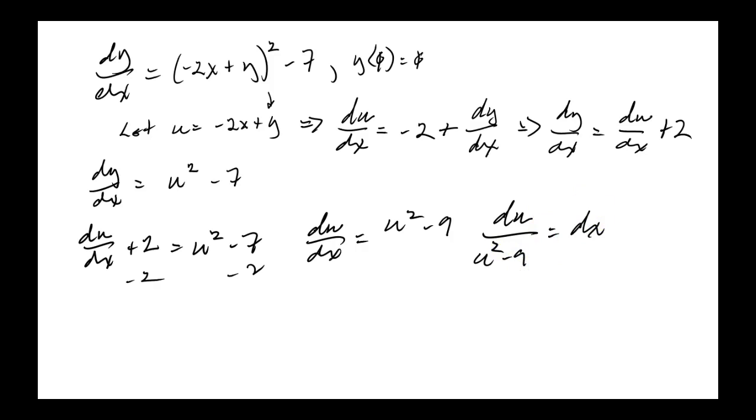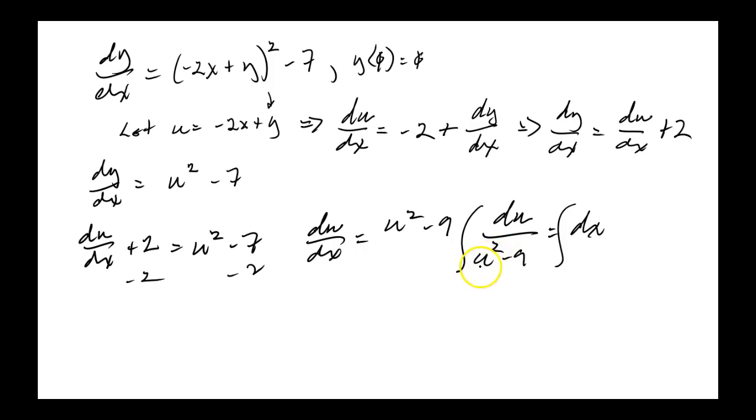Now we can integrate both of those. Or can we? This integration, anyone remember what technique you use for that? It's going to come out being a couple of logs, you're right, but you do it by partial fractions. Do you remember that?